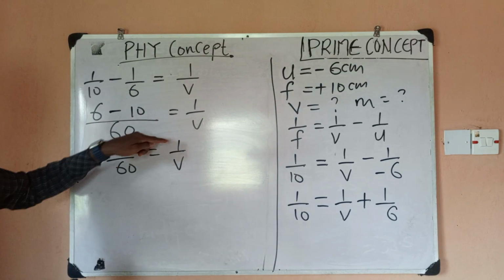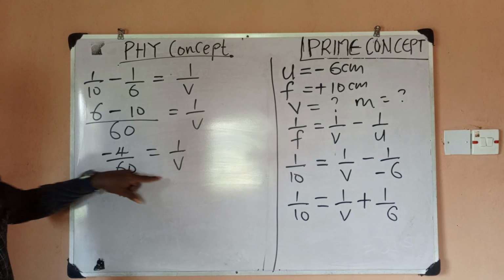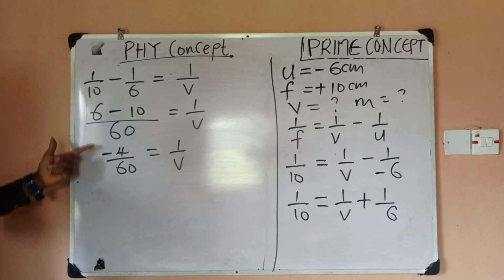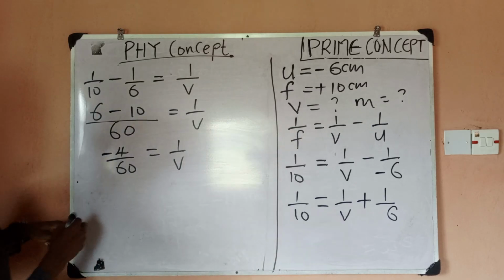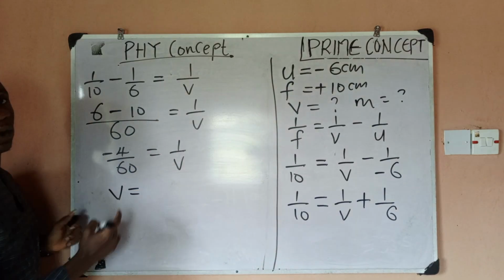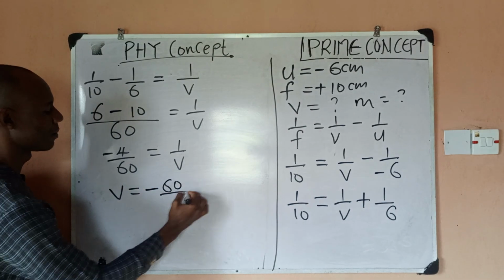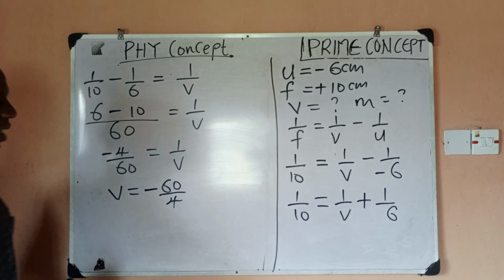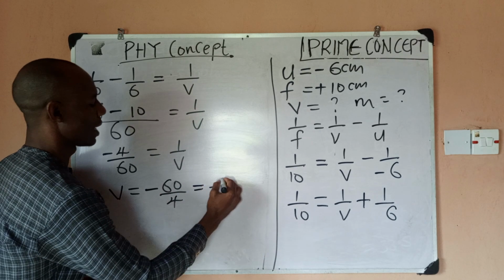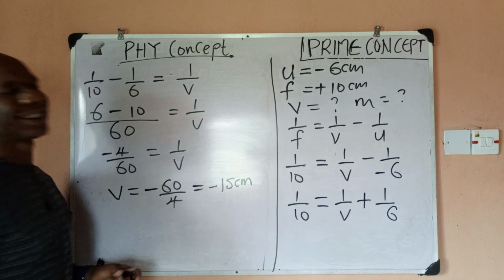Since we have 1 by v and we're trying to find v, we should just invert this. So my v is going to be minus 60 divided by 4, so that we can get minus 15 cm.